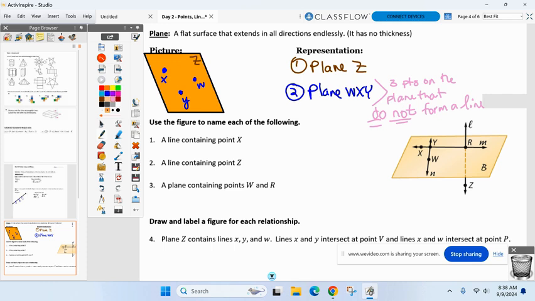Capital letter in the corner, or three points on that plane that do not form a line. And again, these could have been in any order too. X, W, Y, Y, W, X. It could have been in any order.